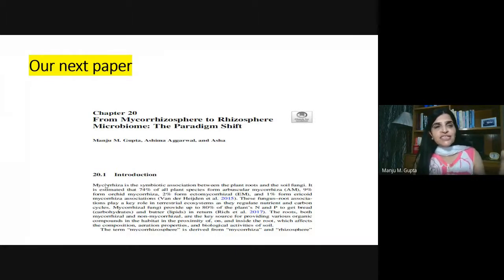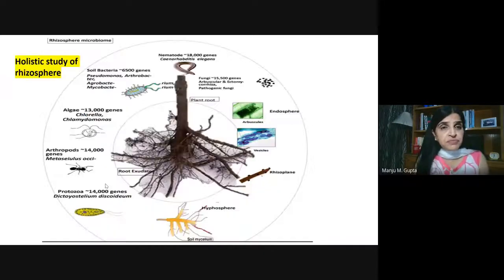The Lord had trained me with lots of software by now, lots of sequence experience, and the problems which we were facing when working with our fungi. So that was my next paper. My rhizosphere was now a root with exudates around it, and it had 14,000 genes of protozoa, 14,000 genes of arthropods, 13,000 genes of algae, 6,500 genes of soil bacteria, and 18,000 of nematodes.